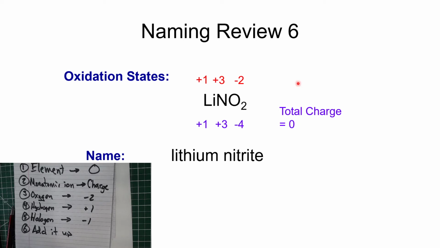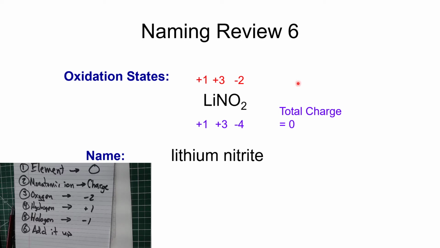The nitrogen in nitrite will always have a +3 oxidation state, whether it's in a compound, whether you look at the polyatomic ion by itself, or whether it's even nitrous acid. It'll still have a +3 oxidation state. And that's something that you can use to your advantage if you get a more complicated compound than you're ready to deal with. And I can show you an example of that a little bit later.